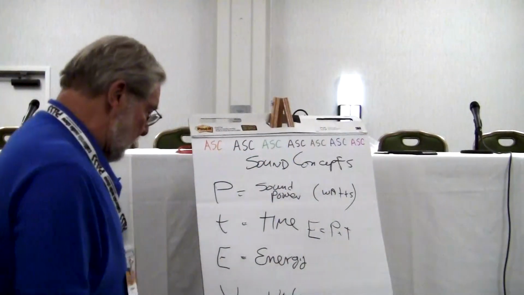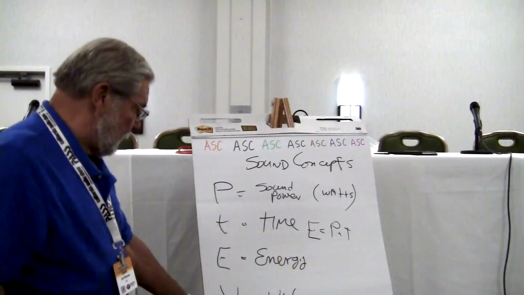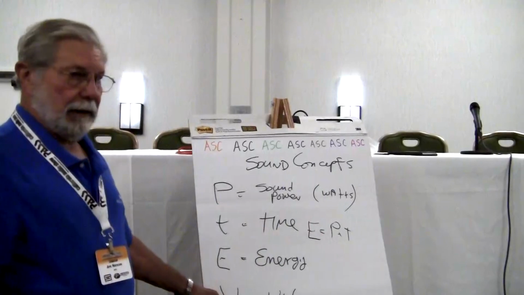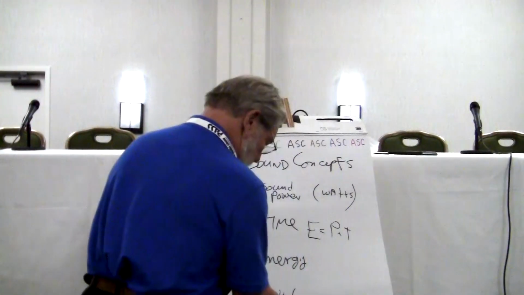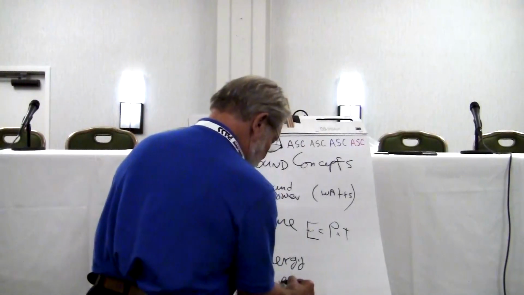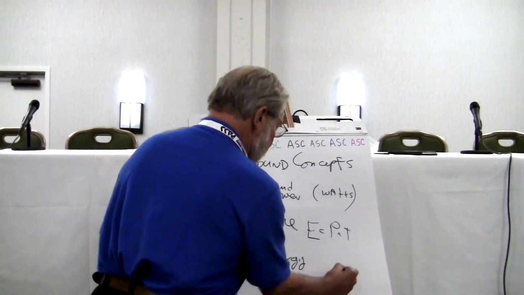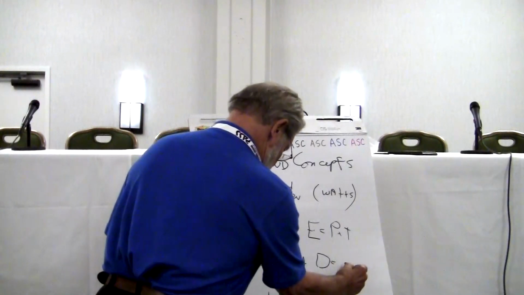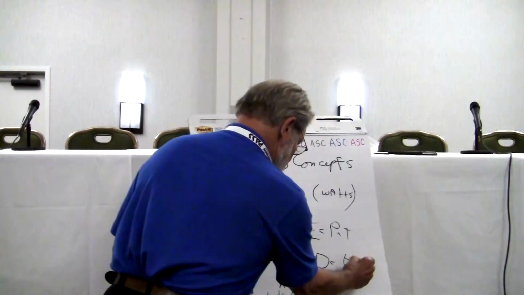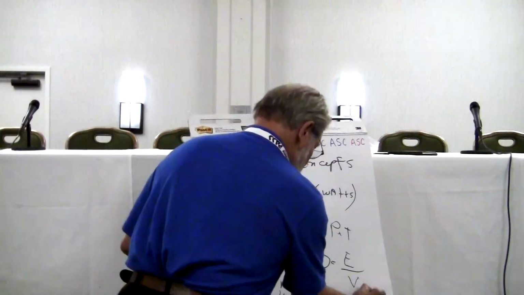And energy density is equal to the energy divided by the volume, right? We're talking about room volume. So energy density equals the energy divided by the volume of the room.